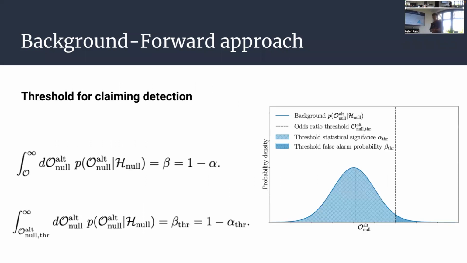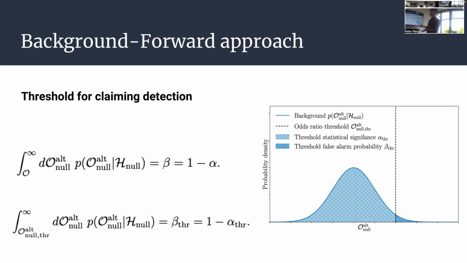So a bit more in detail. Here I'm plotting a schematic distribution of the odds ratio of the alternative hypothesis against the null hypothesis, given that the null hypothesis is true. Therefore, this one is the background.